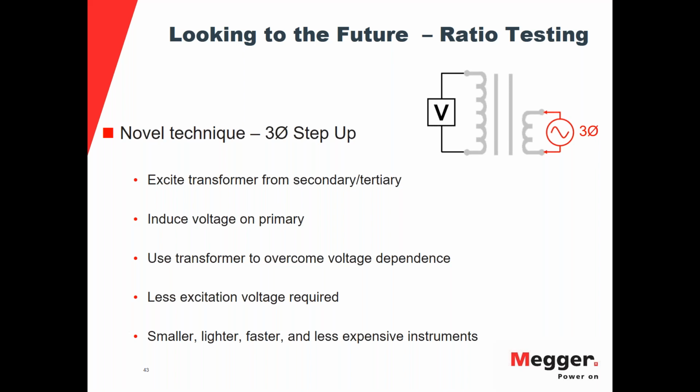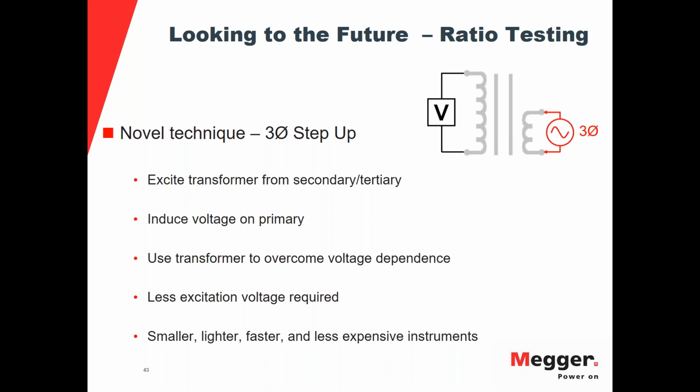Again, we're exciting from the secondary or even the tertiary side. We're inducing the voltage on the primary side. Of course, with newer technology, you can set limitations on that so that you're not exposing safety concerns or things like that on the high voltage side. You can set your output voltage to where you don't exceed that.